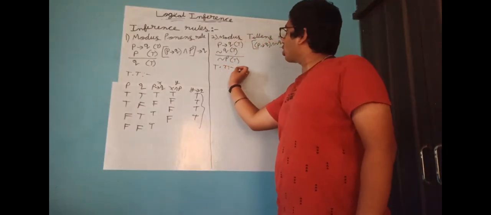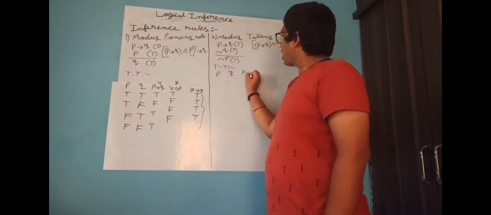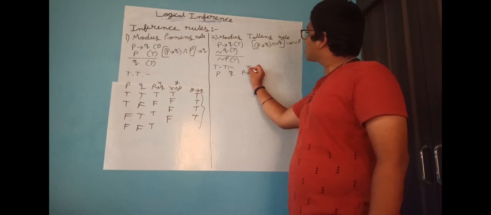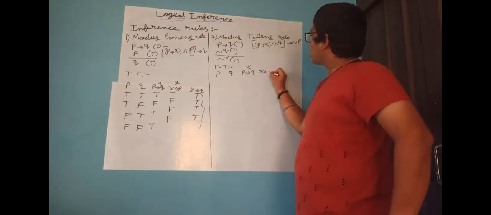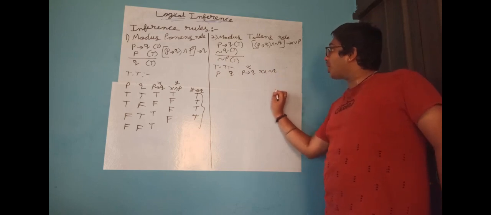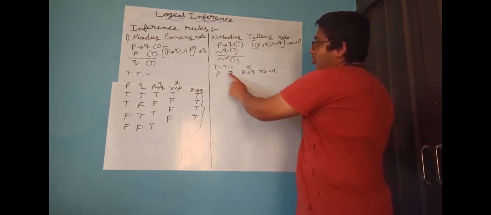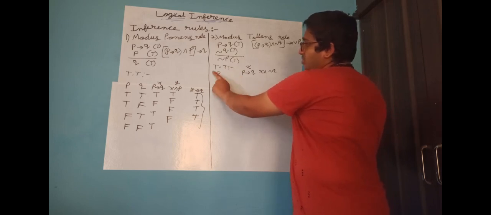Meanwhile you write: P, Q, P implication Q, let it be X, X and negation Q. Since negation Q and negation P both we are using, we also need to find negation P and negation Q, so give some space.